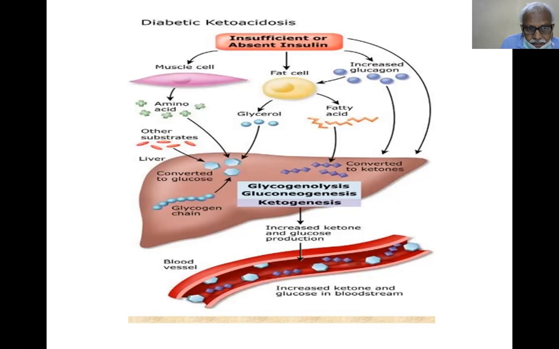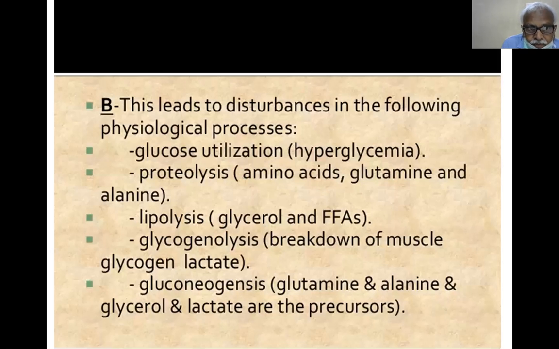The glycogen chain will be converted into glucose, and glucose production will be derived from amino acids, glycerol, and other substances. And finally, this is how insufficient or absent insulin results in diabetic ketoacidosis.